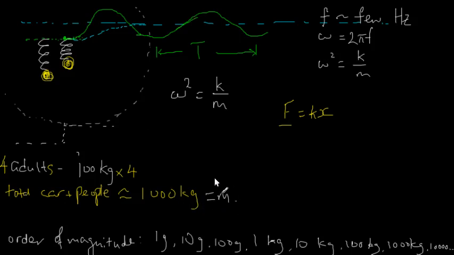And we have already decided that 1,000 kilogram is a rough estimate for the total mass. So in other words, we know the weight now, right? Now the next thing I need to do is, if I can find this extension, I would then be able to calculate the spring constant.